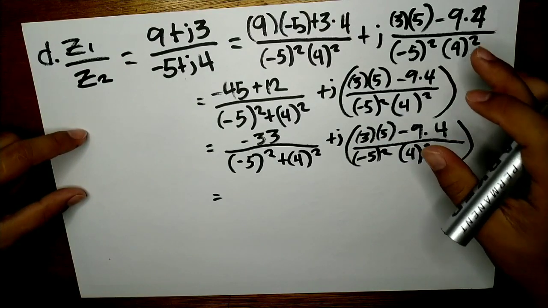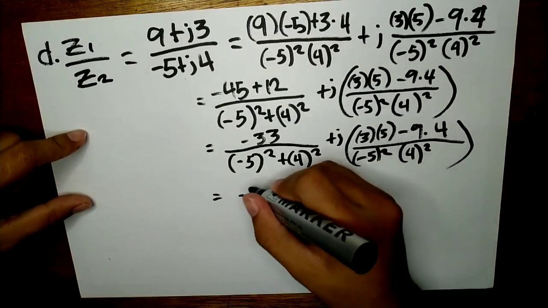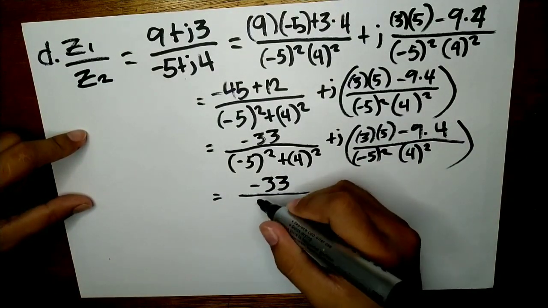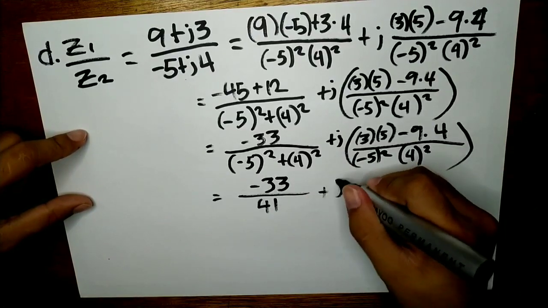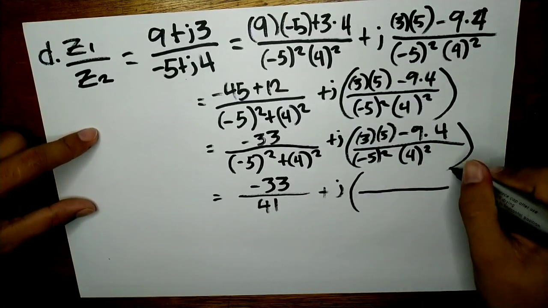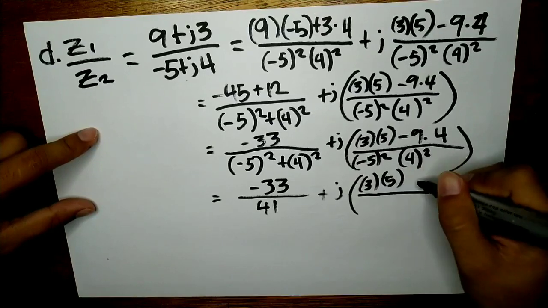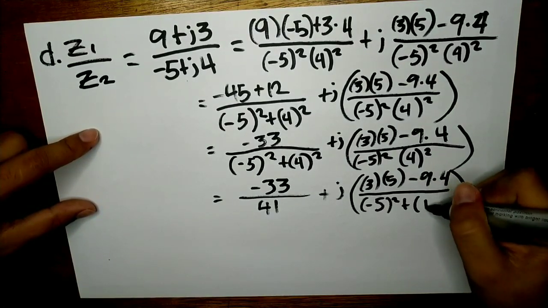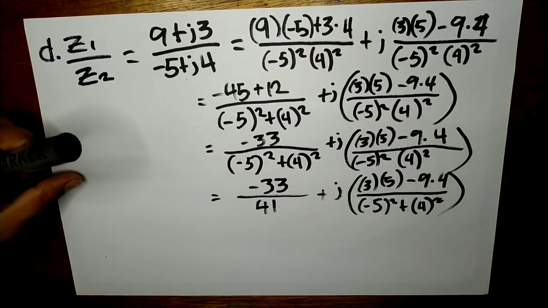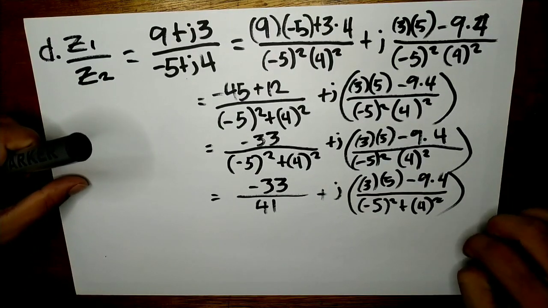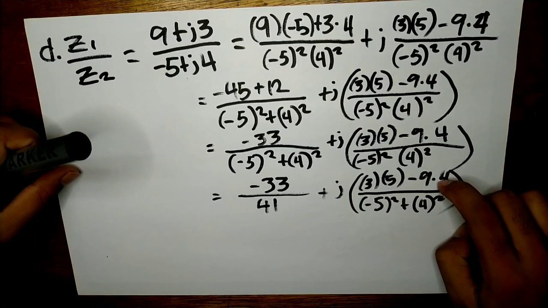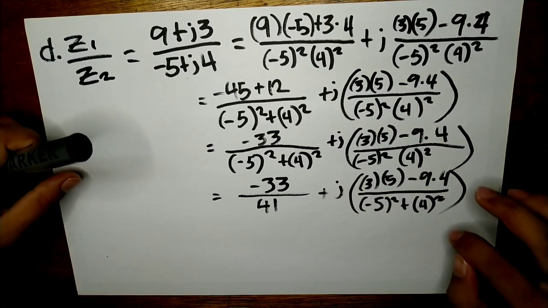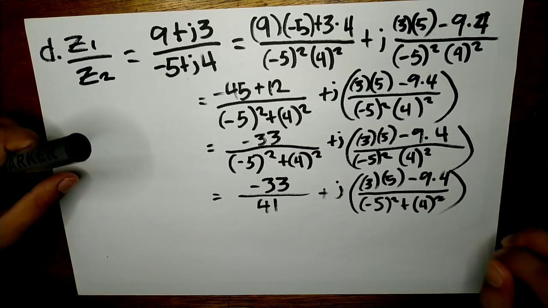So the result will be this one. Now after that, we need to simplify the numerator of the imaginary and the denominator of the imaginary part.